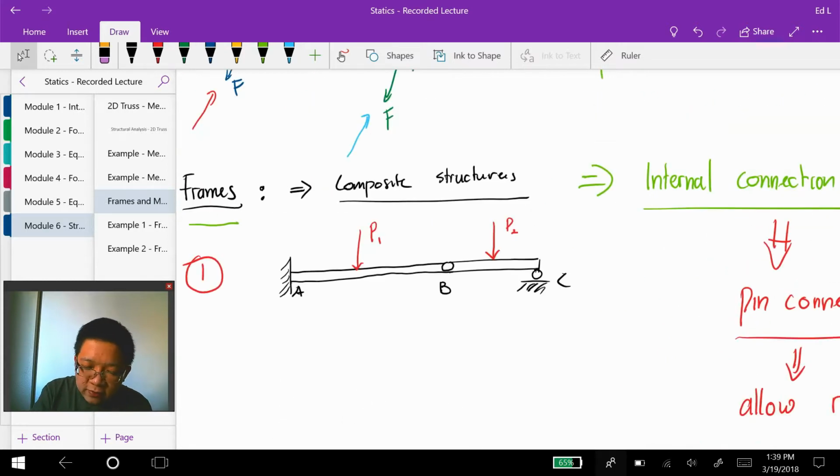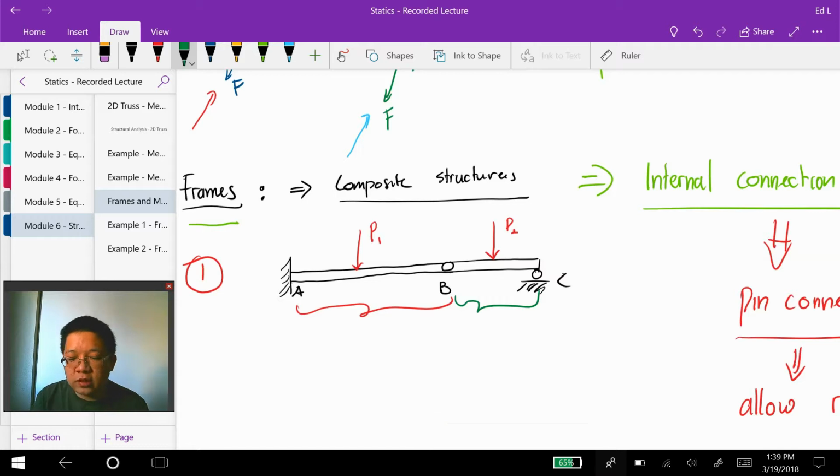In here we have two members, member AB and member BC. Member AB is fixed at point A, and then member BC is roller supported at point C. These two members are connected together with an internal pin connector at point B.